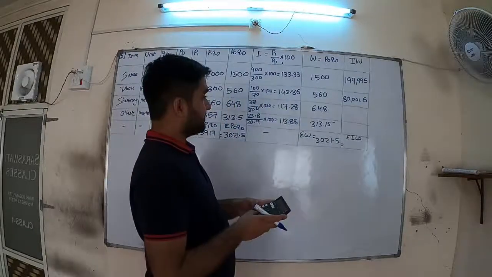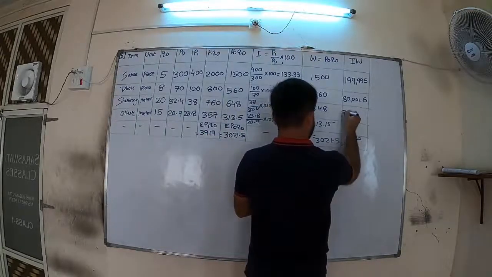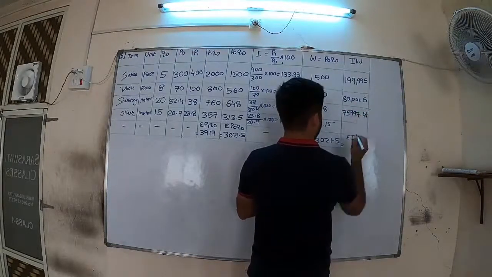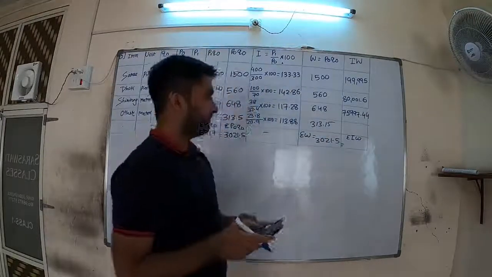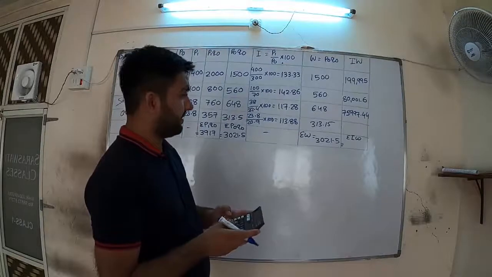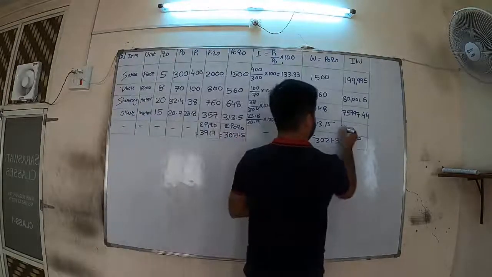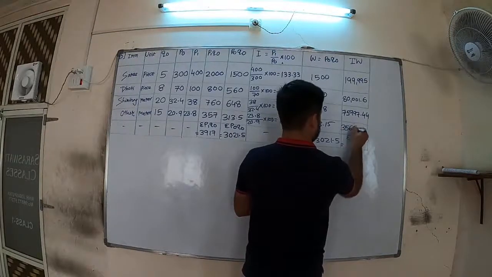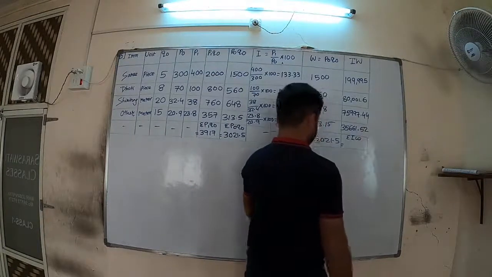Then 117.28 into 648 is 75,997.44. 113.88 into 313.50 is 35,661.52.